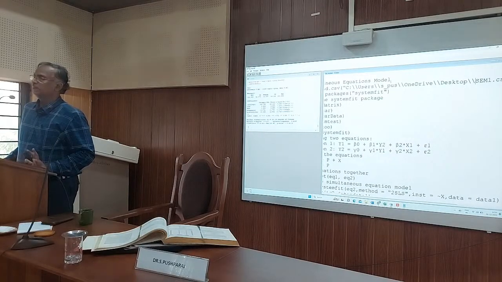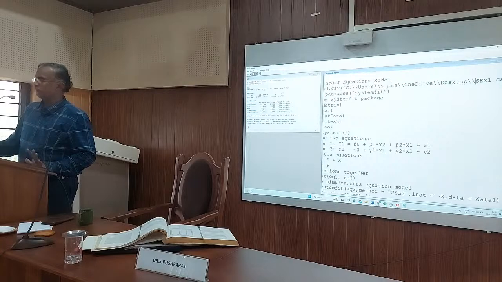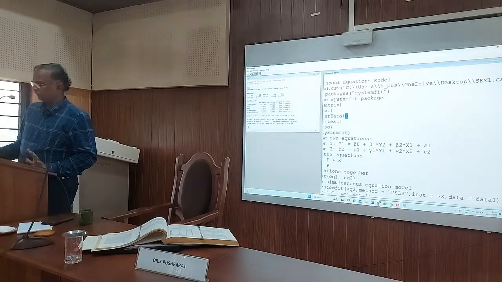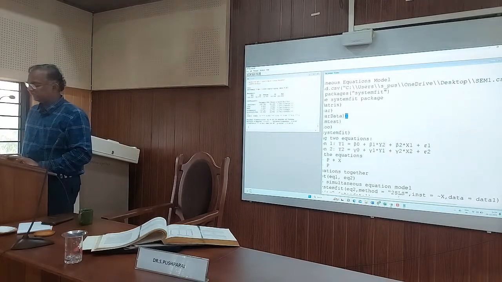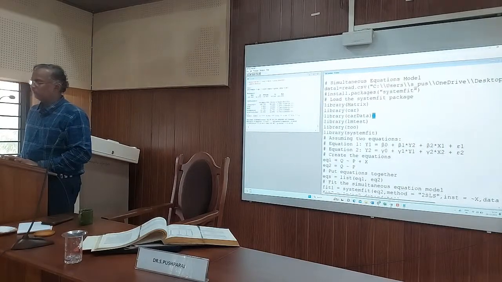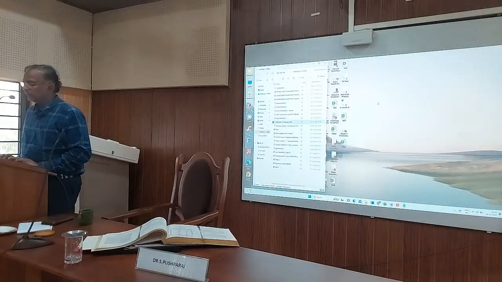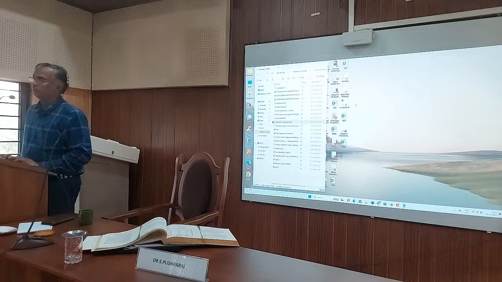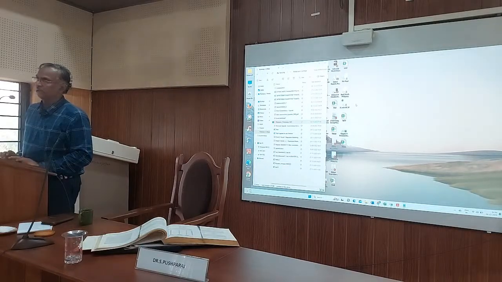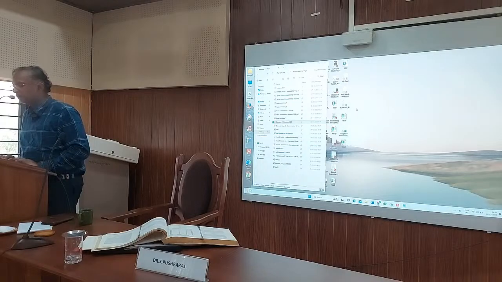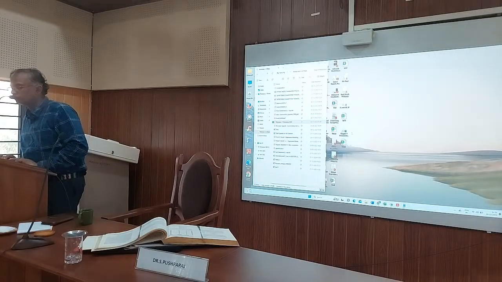This is a market model, where a supply function and demand function are given, with which the simultaneous equation model is constructed. Let me show you the data. So quantity will be there, price will be there, and one more variable is there in that. I'll just show.